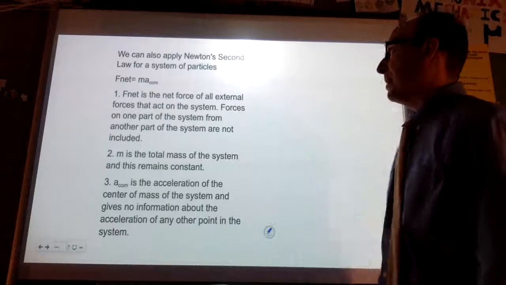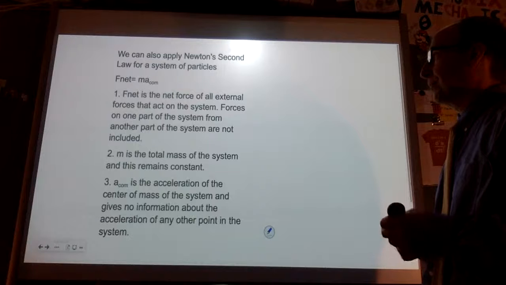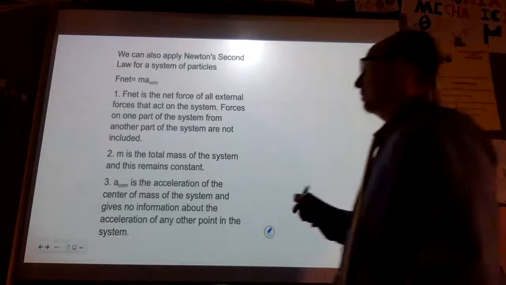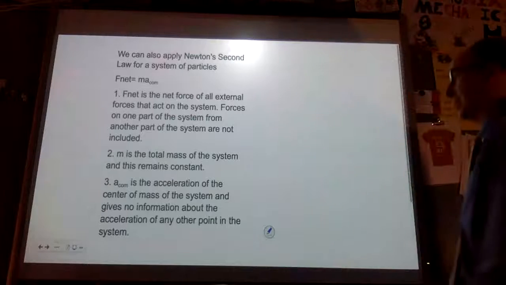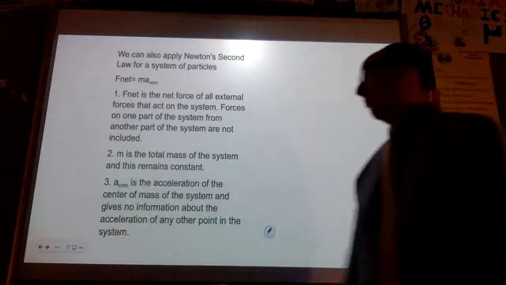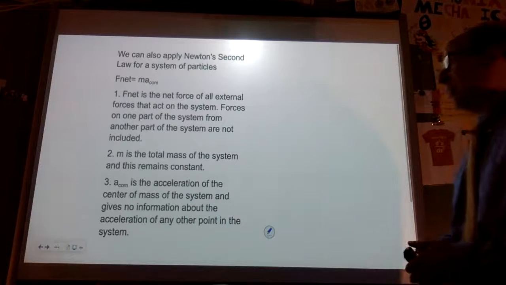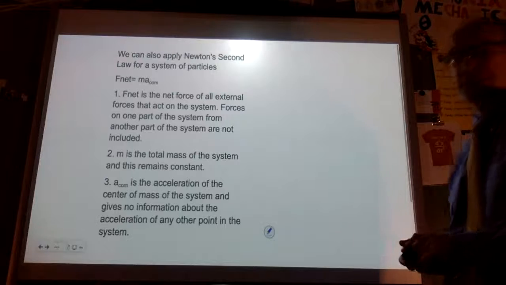F net is going to be the net force of all the external forces that act on a system. M is going to be the total mass of the system, and this is going to stay unchanged. The acceleration of the center of mass gives no information about the acceleration of any other points in the system.